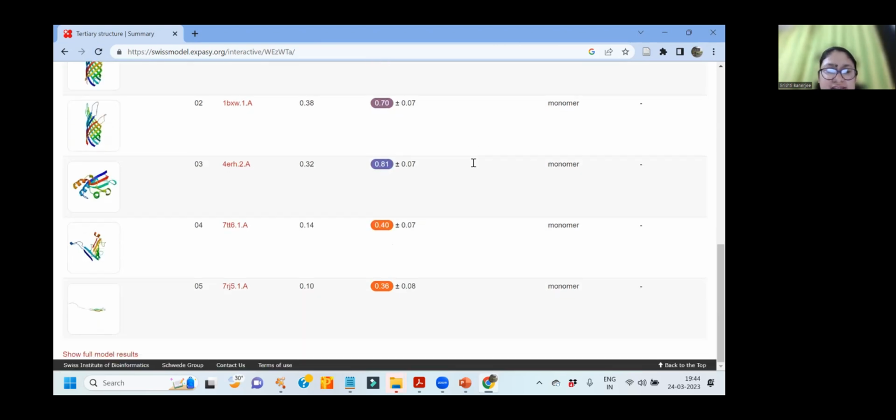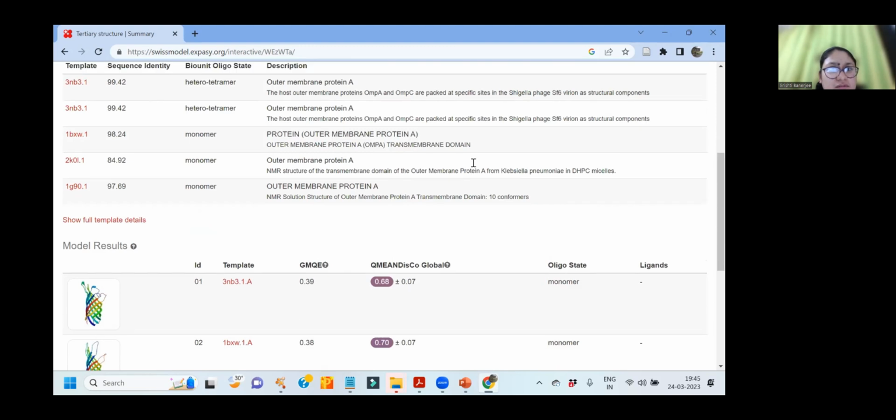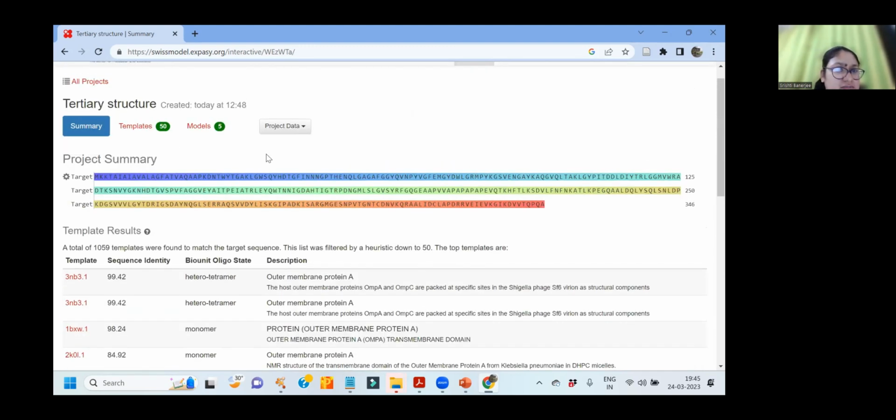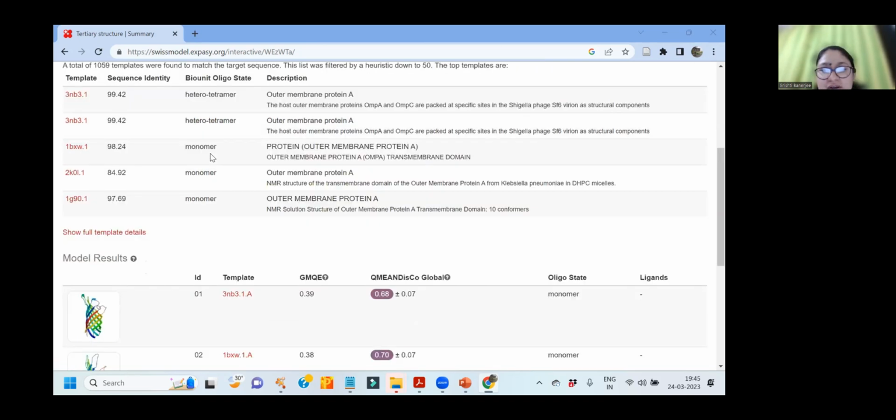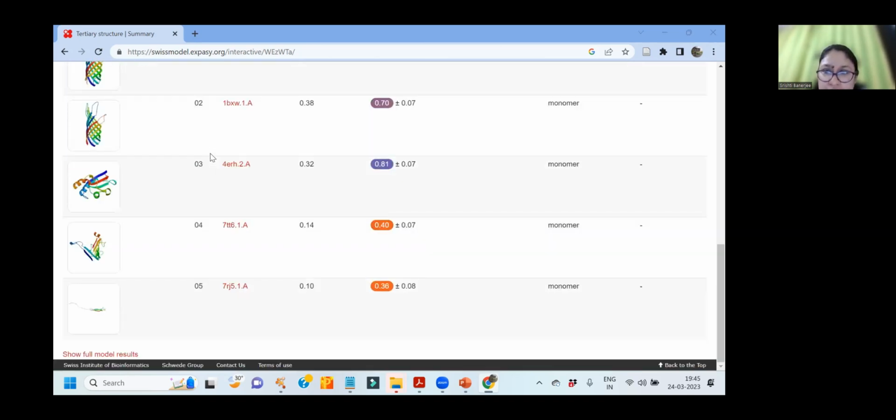So this is the model that I tried to build right before, I was just exploring. Right now they have predicted just one model, one predicted structure, but five were possible using this one template. So that is how it happens. It's how your summary page will look.